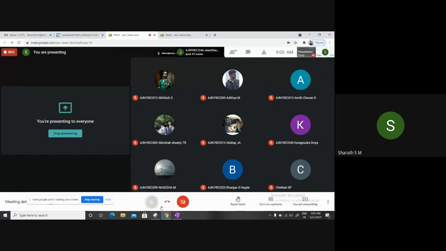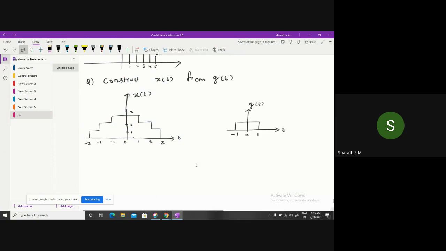So here we need to construct x of t with the help of g of t. So with the help of this g of t signal, we need to construct the x of t signal.